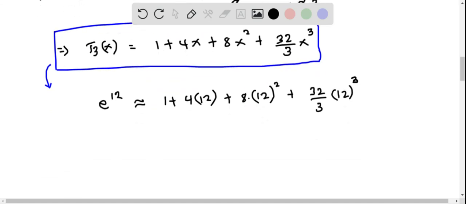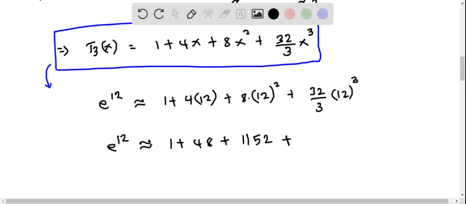Now let's simplify this. So e to the power 12 is approximately equal to 1 plus 4 times 12 is 48, and 12 squared is 144, and then 144 times 8 equals 1152, and we can plug this into the calculator.